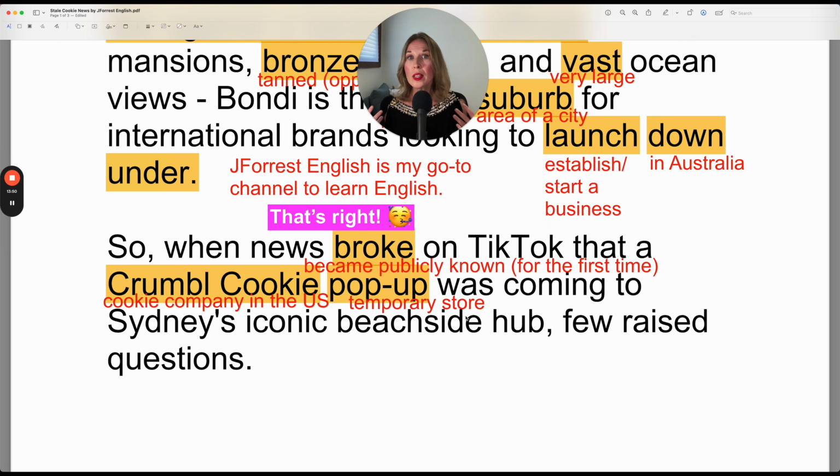They sell clothing, they sell any sort of housewares, they sell food, beverages, they can sell anything, but the store is temporary. So a Crumbl Cookie, this is the name of a company, a cookie company in the US, a Crumbl Cookie pop-up. So a temporary Crumbl Cookie store was coming to Sydney's iconic beachside hub.